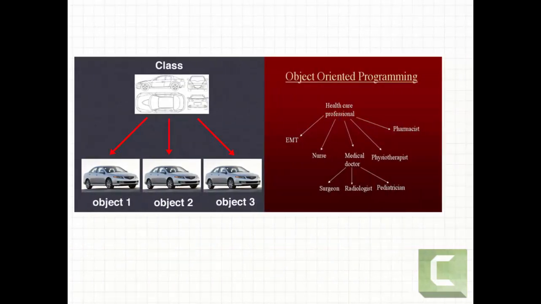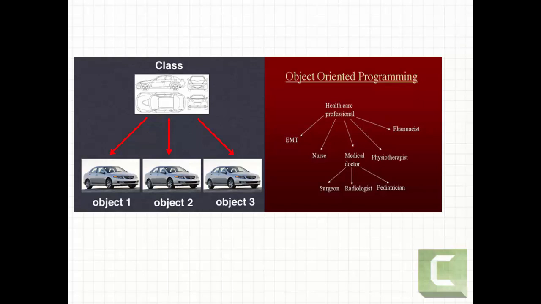If you see here, there is a class called Car, where you have object 1, object 2, object 3. So you can say car 1, car 2, car 3. Each object is an instance of the Car class.